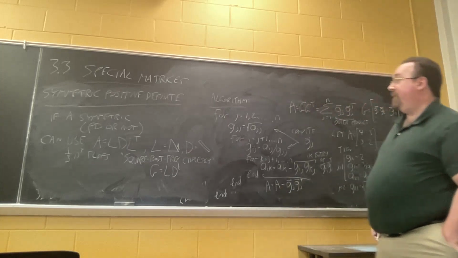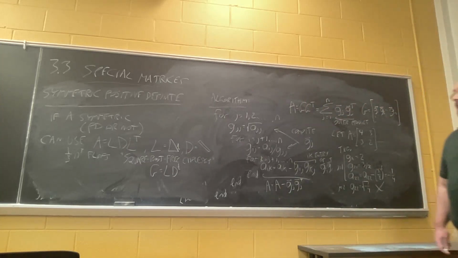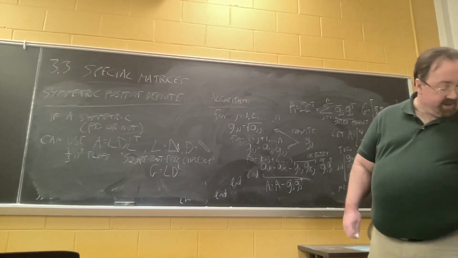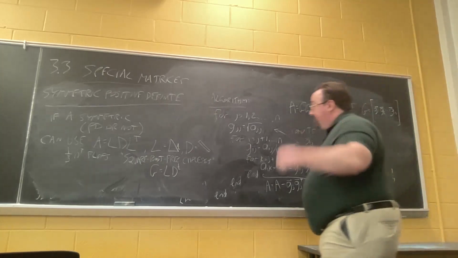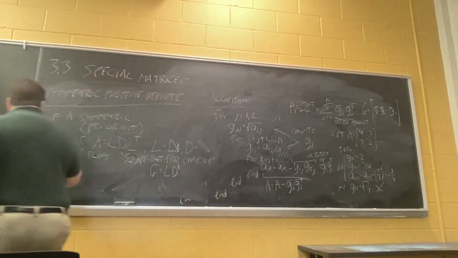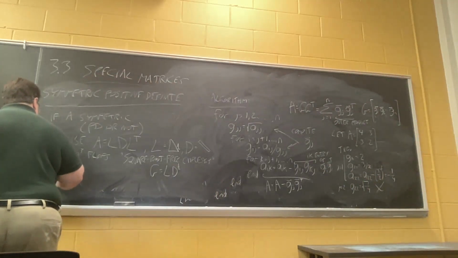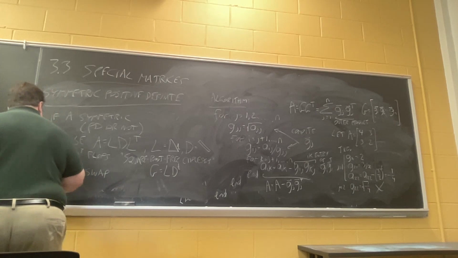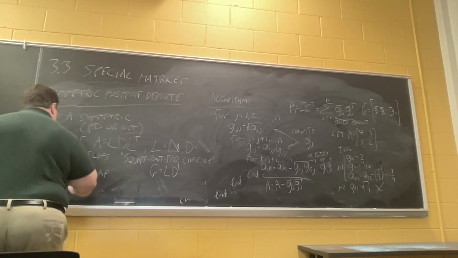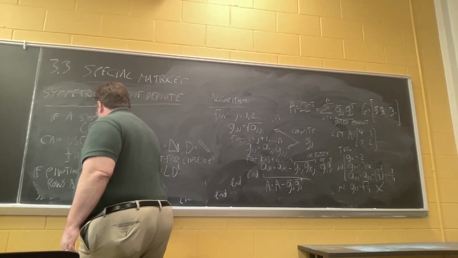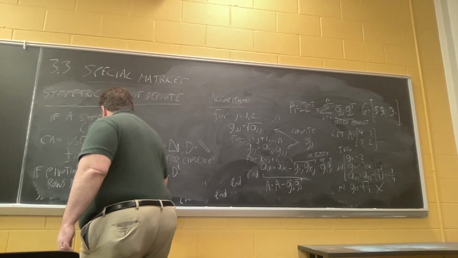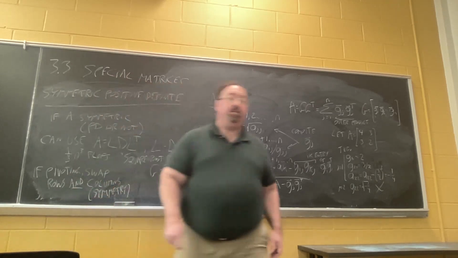Now, if your matrix is symmetric but not positive definite, the LDLT factorization might not necessarily exist, just like LU doesn't always exist. It may be necessary to pivot. One thing you want to be careful about when pivoting is that we must swap rows and columns, because that's the only way to preserve the symmetry of your matrix.